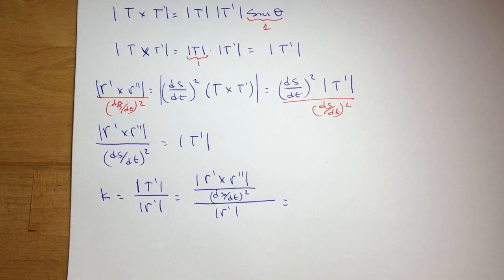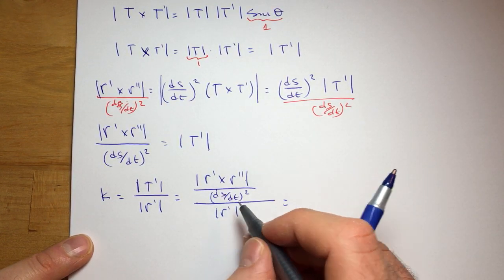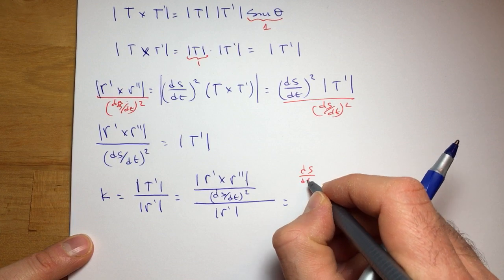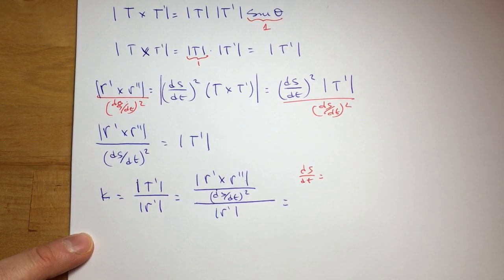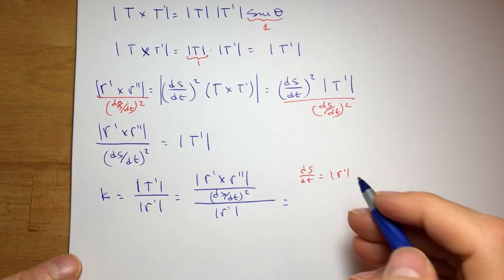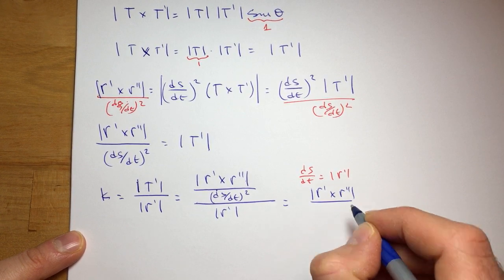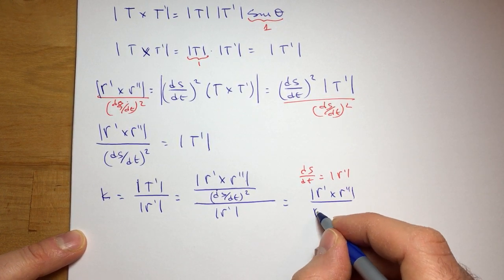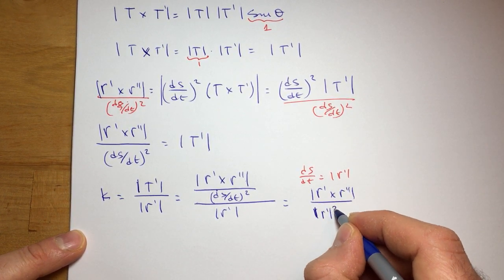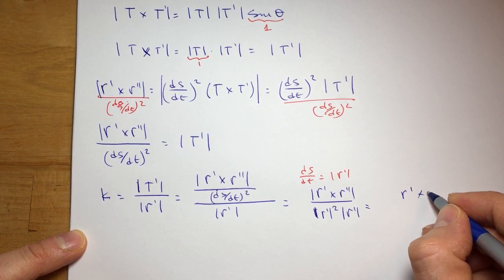One more time, I'm going to remind you that ds/dt is equal to the magnitude of r prime, so this is just the magnitude of r prime cross product r double prime over the magnitude of r prime squared times the magnitude of r prime. And finally we get the formula that we wanted.